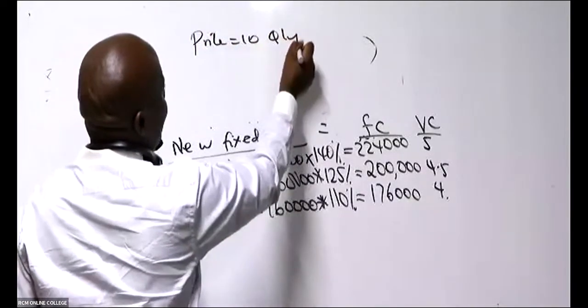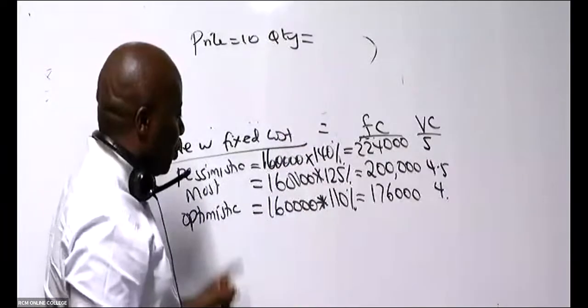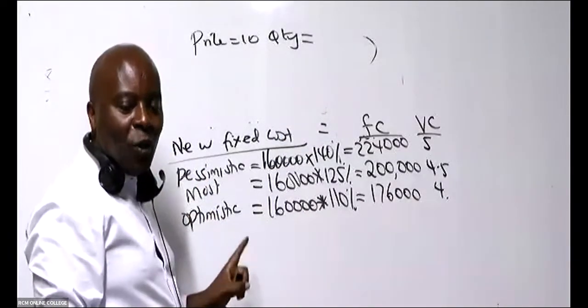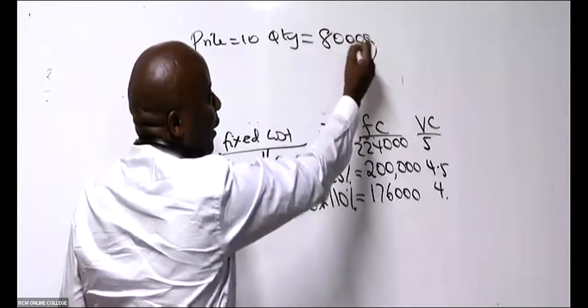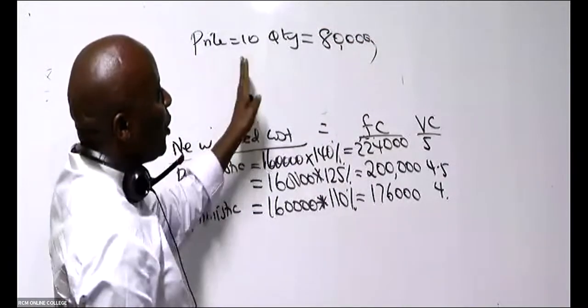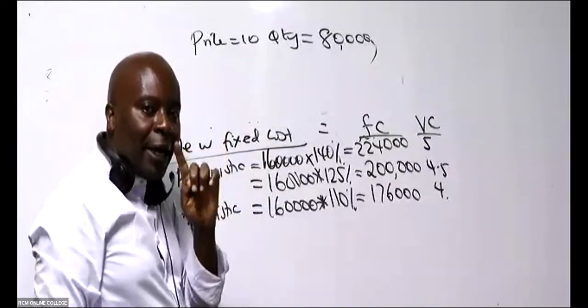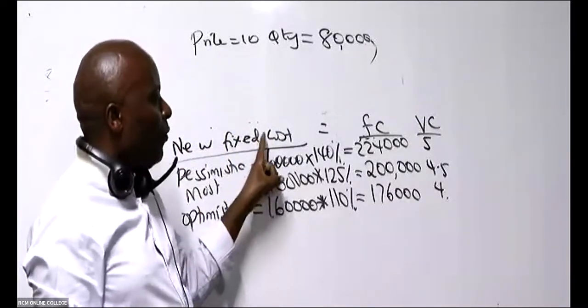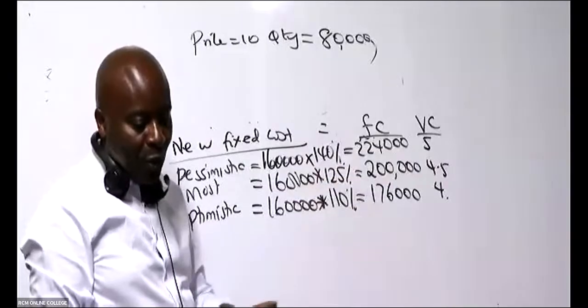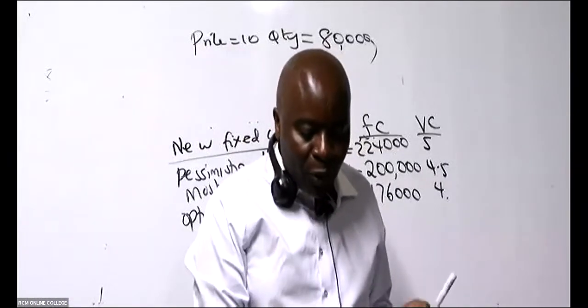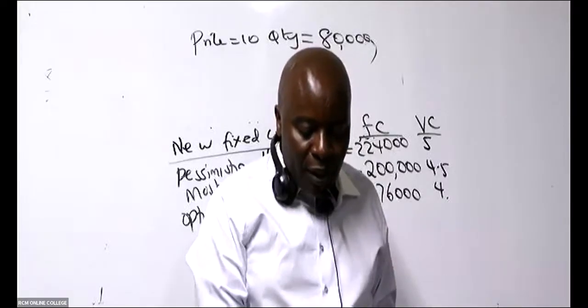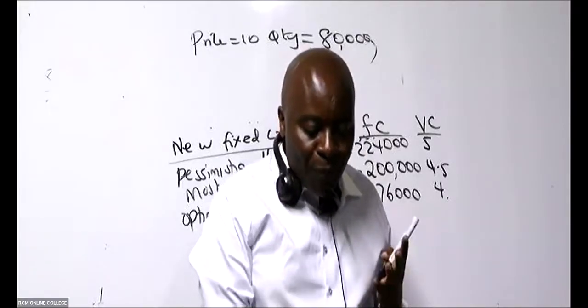And the quantity, in this case, they have told us that regardless of the state of nature, the quantity will remain the same. That is what they have told us. I'm not the one who is saying that. If we charge a price of 10, the only parameters that will change will be fixed cost and what here? Variable cost. That is what they have told us. They're not giving us any information about new quantities should we decide to sell at the 10 bob.